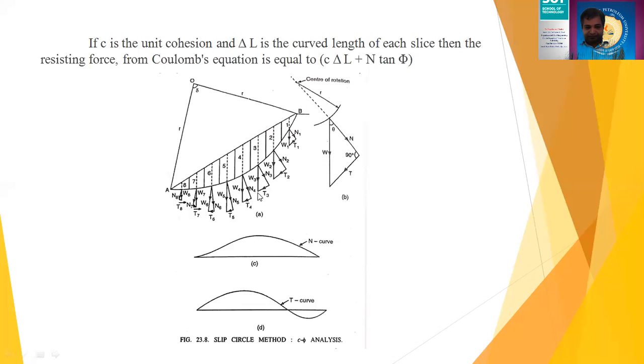Now you can see the locations for each of the slices. This is W, which is always downward. The normal component you are going to draw from this line O, which may also be downward, but from this you draw the perpendicular component to the normal, going from right to left. Here also you go from right to left, but when you draw the normal component you go from left to right.